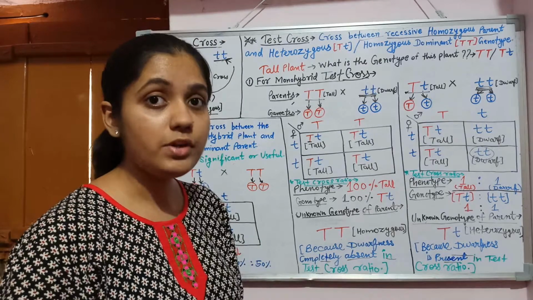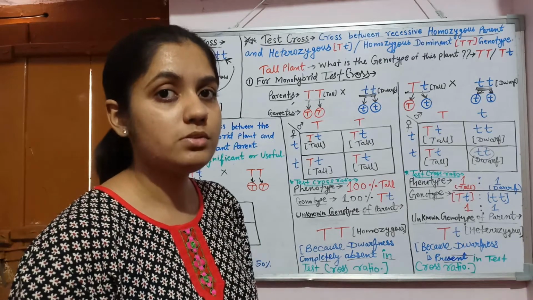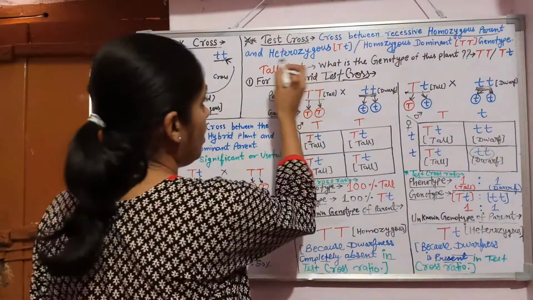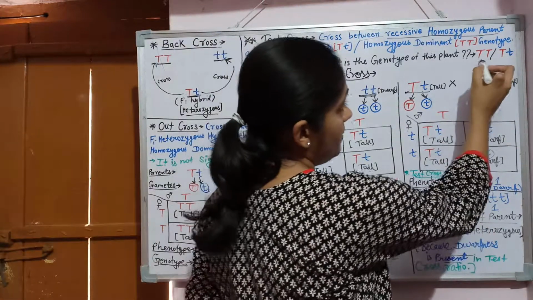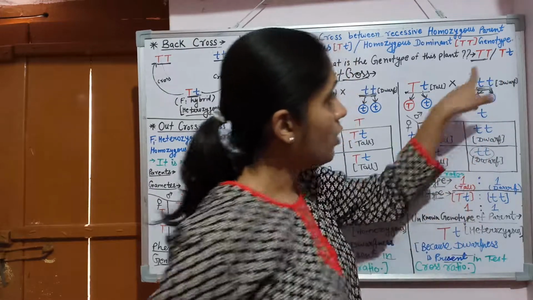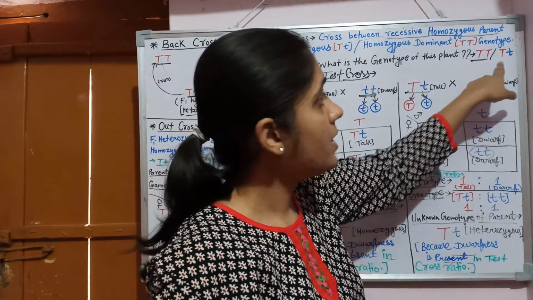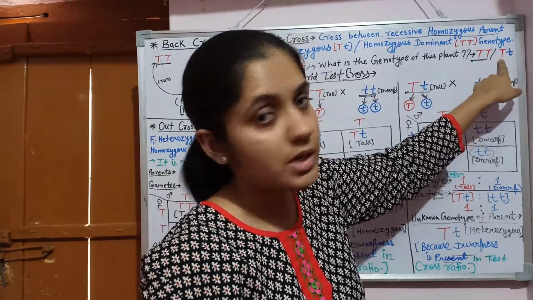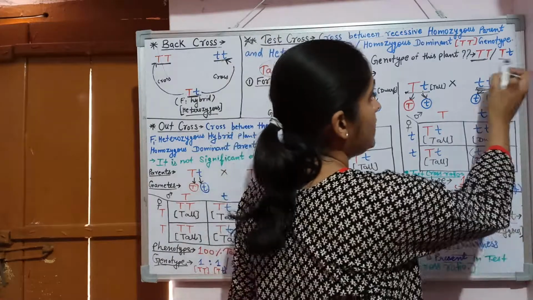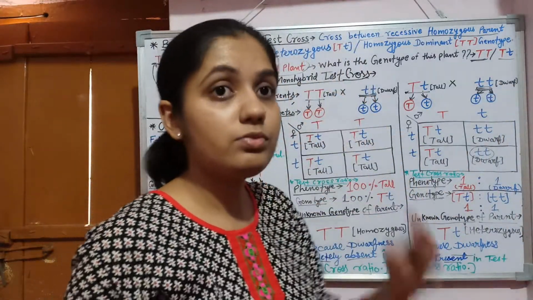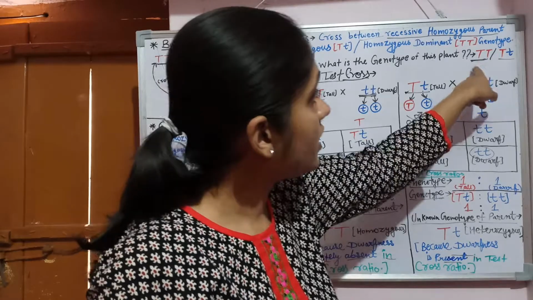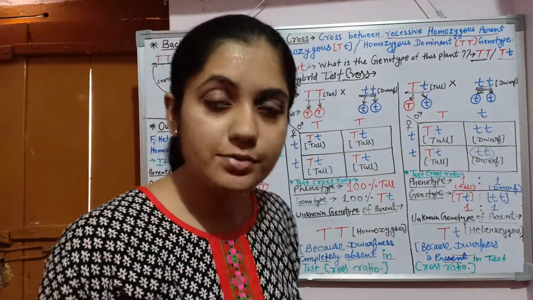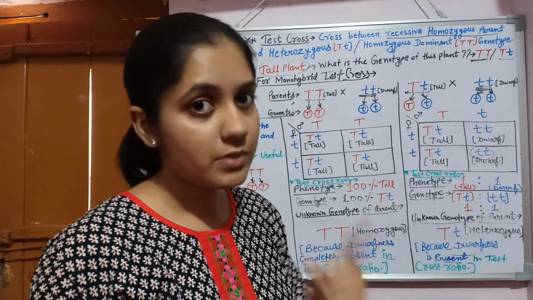So how can we know its genotype? Either the tall plant has both alleles of the tallness type, or it is the heterozygous type, because tall is dominant. So what exactly is the genotype of this tall plant? To know that, we use the test cross. That's why this cross is named the test cross.